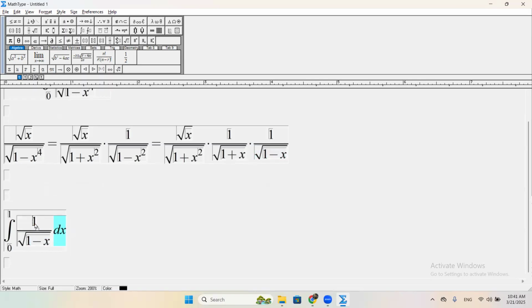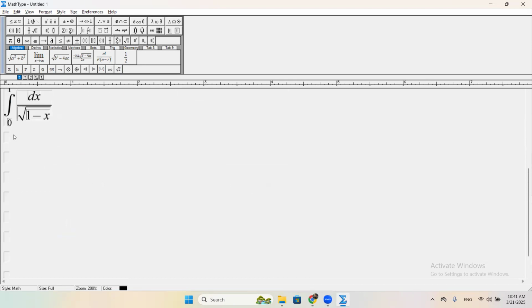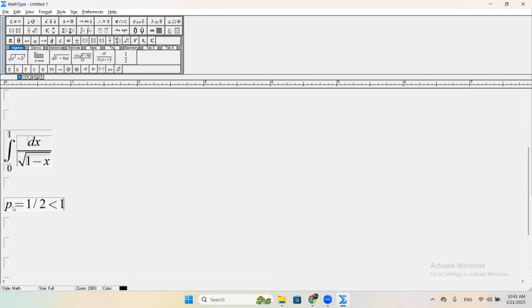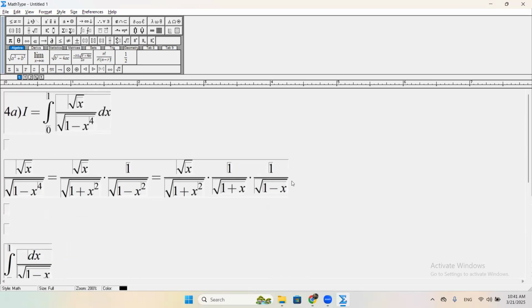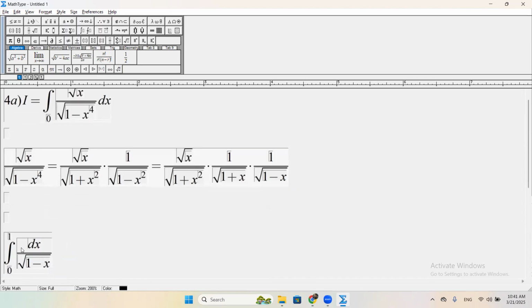So this integral diverges. We even calculated. Oh, no, not, just a moment. Yeah, it converges because here we have a degree, p equals 1 over 2, and it is less than 1. So for such improper integrals, p must be less than 1. So this integral converges.